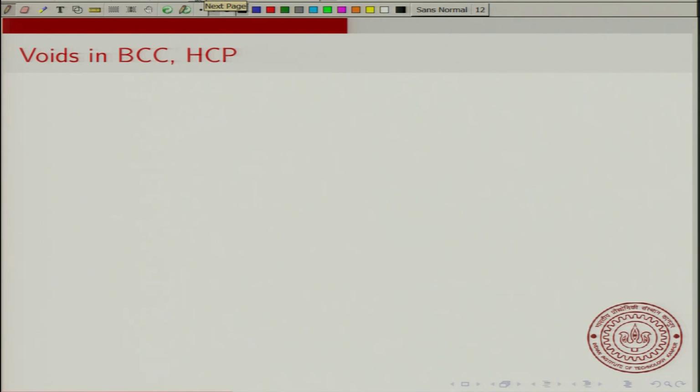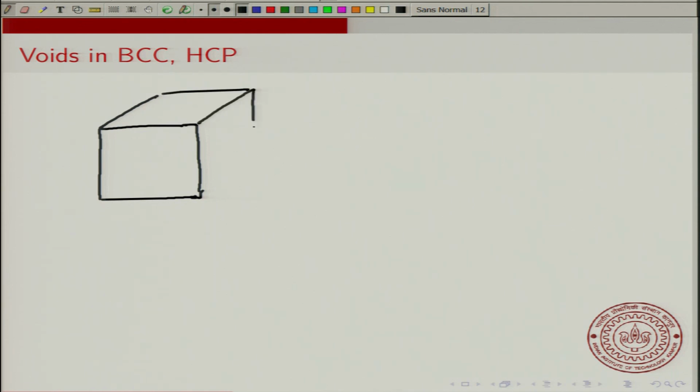Again, I will not go into this in too much detail. You can look at the website that I pointed you to. But you can show that in the BCC, if you take a conventional cube of the BCC, with an atom at the body center, then these points will be octahedral voids.